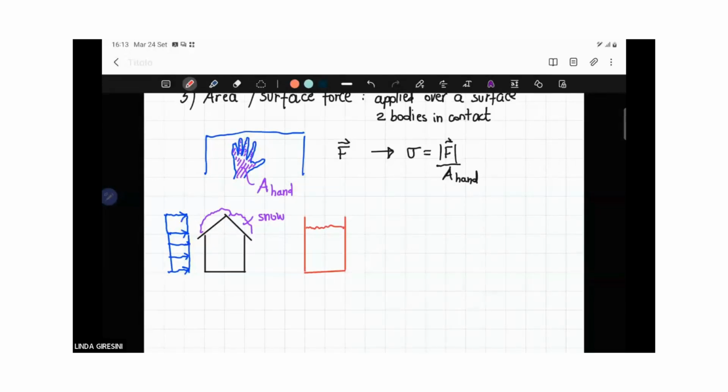And if they are filled with water or other material, this is actually not an area surface. What is this water inside? Volume. So water in this case acts as a volume force, not like an area force.